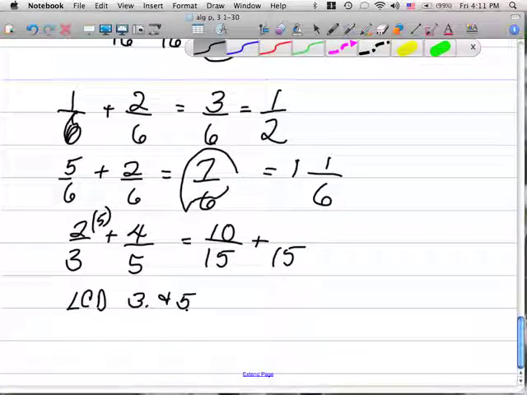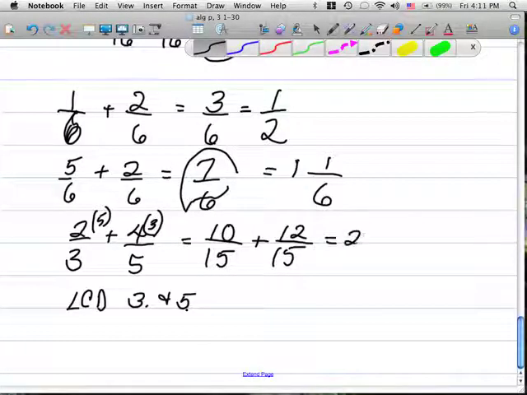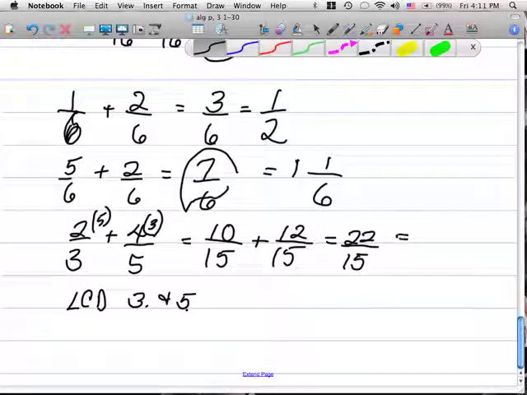And 5 goes into 15 3, and 3 times 4 is 12. So we would have 22/15. And you can leave it like that, or if you change it to a mixed number, 15 goes into 22 once, with 7 left over. There's 1 15 and 22, and it'd be 1 7/15.